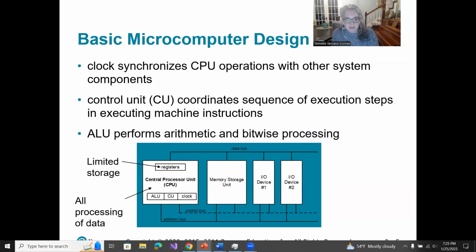But it is limited storage, like it says on here, because there's only a certain number of registers. And then, again, the CPU does all the processing of the data. And we'll look at that in more detail in just a second.